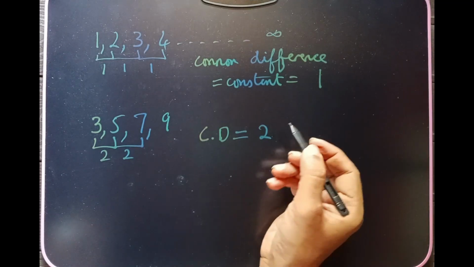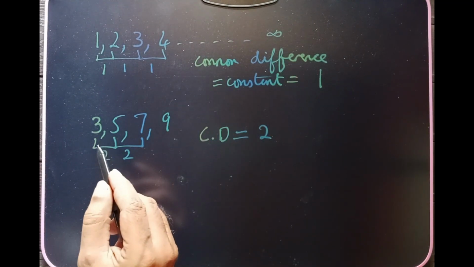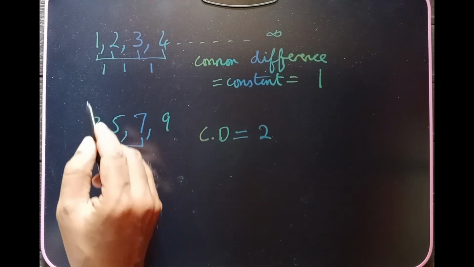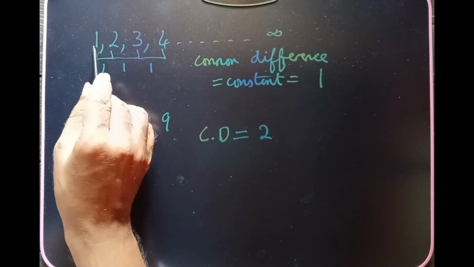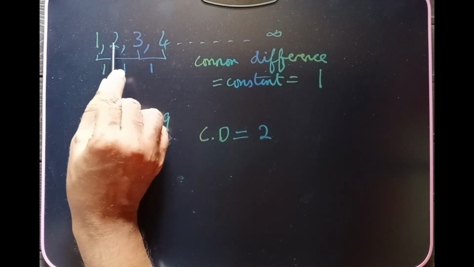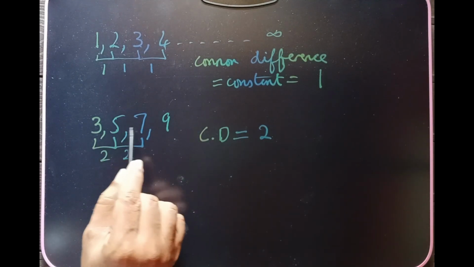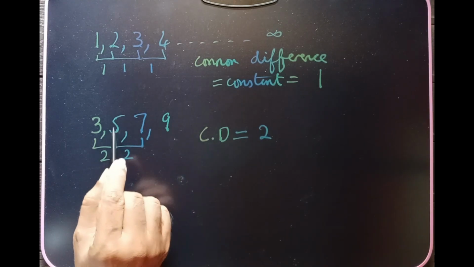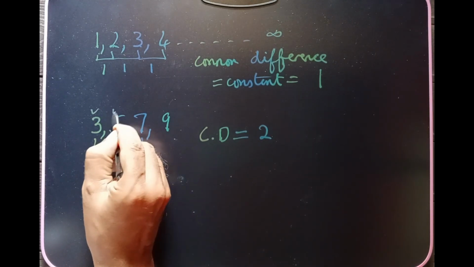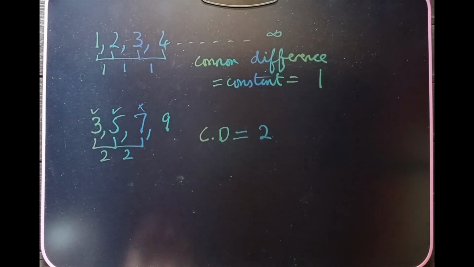So if in any progression the difference between two successive numbers, numbers next to each other, is a constant, also called the common difference, then it is an arithmetic progression. This number and this number are successive numbers. This number and this number are not successive numbers.